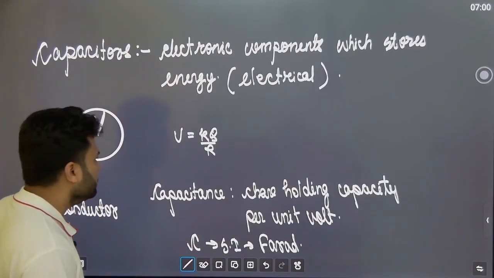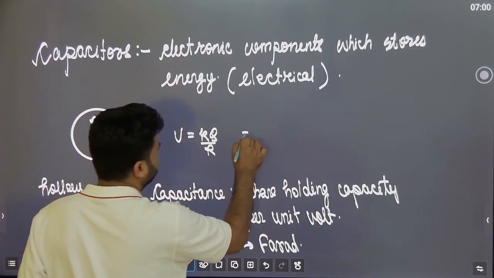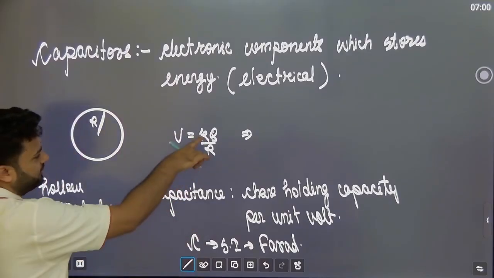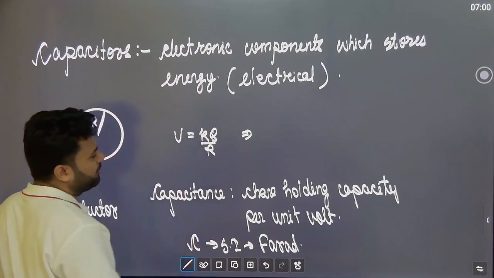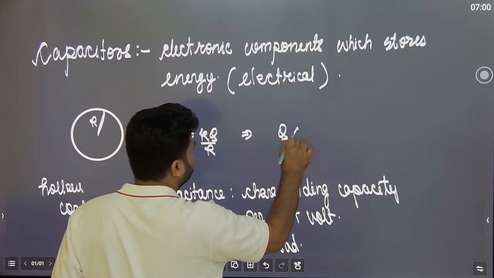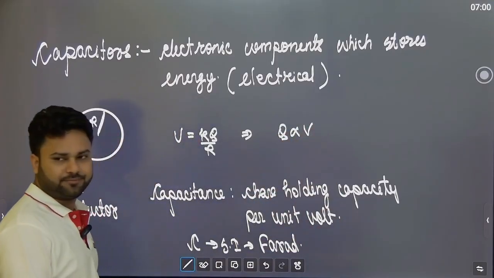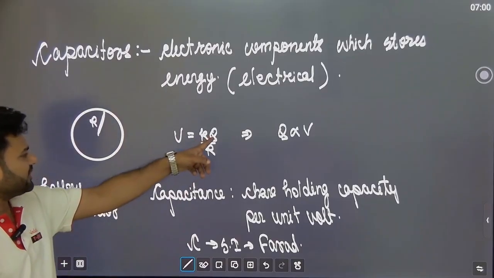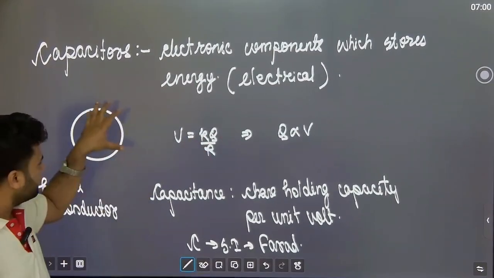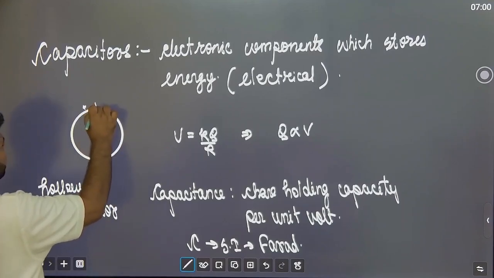Correct. Now from here, can I write that voltage is directly proportional to charge, or charge is directly proportional to voltage? You see now, you increase the charge, voltage will increase, or you increase the voltage, charge on it will increase.